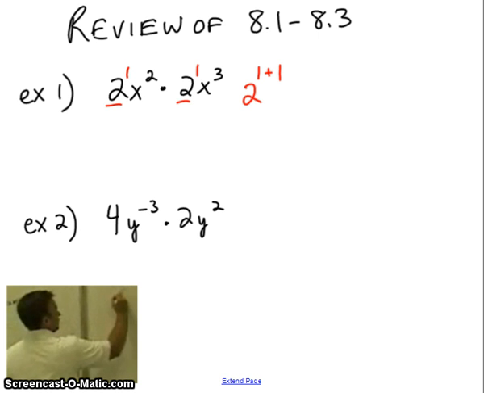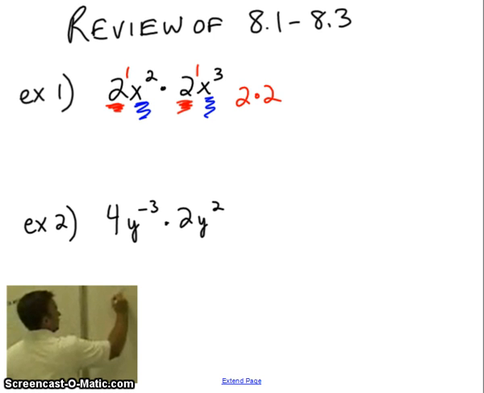That's the same thing as just doing 2 times 2. So anytime we have a numerical coefficient, we're going to just multiply them. So 2 times 2 and then we'll deal with the exponents separately. And at the end, we'll combine them later.